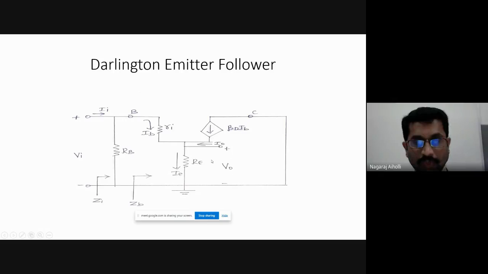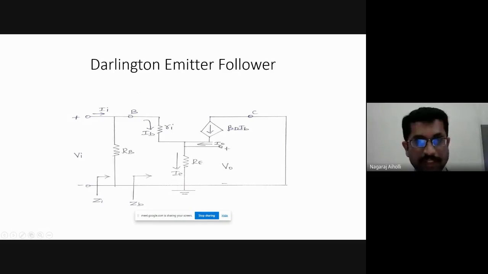So we make Vi equal to 0 and connect a voltage source equal to the output voltage across the output terminals.